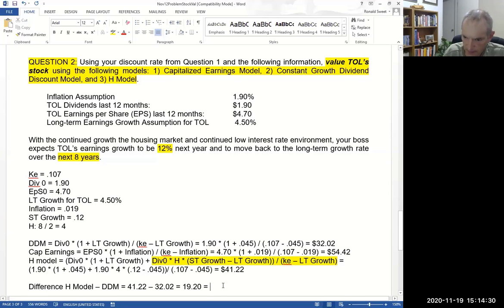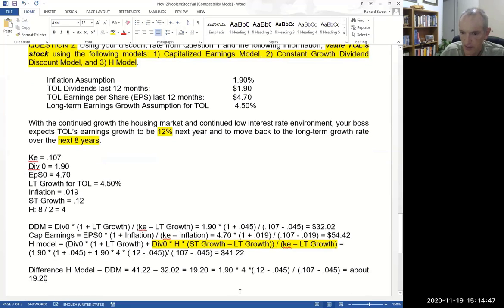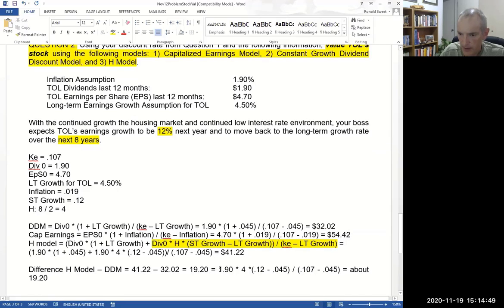So you just take 1.90 times 4 times 0.12 minus 0.045, divided by 0.107 minus 0.045, and that should equal about 19.20. I have some rounding here, so it might be off by pennies, but it's probably pretty close.